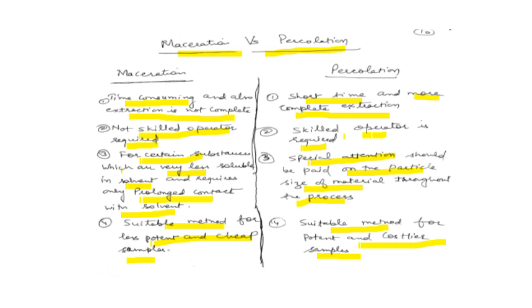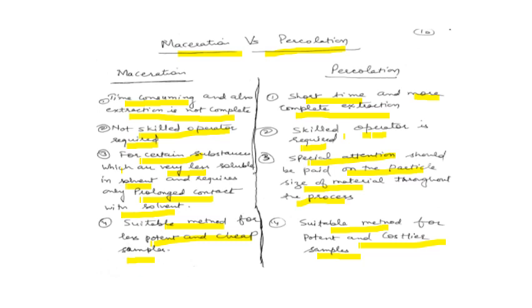So we have learned the various methods of extraction: infusion, its types, the fresh and the concentrated infusion. Then we learned the decoction method, and the highly concentrated decoction we can perform if we want a concentrated extract.